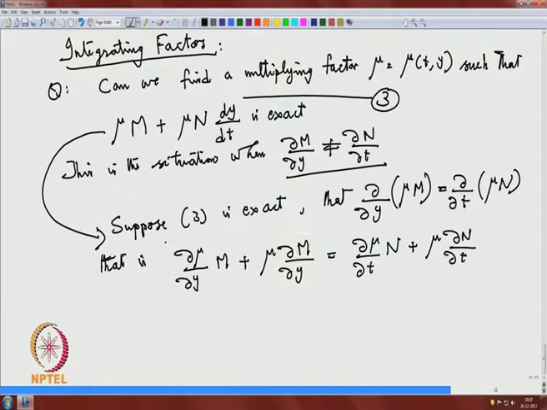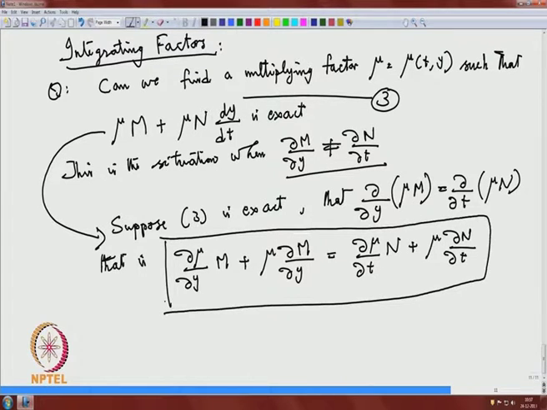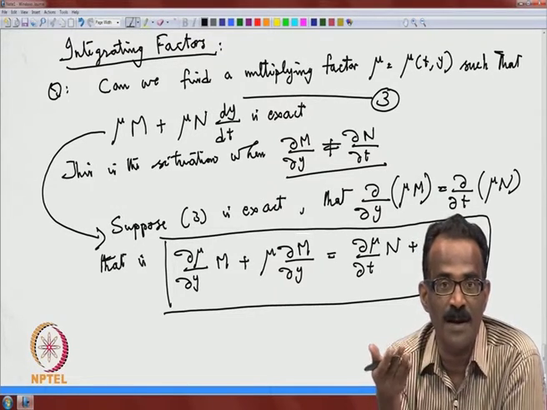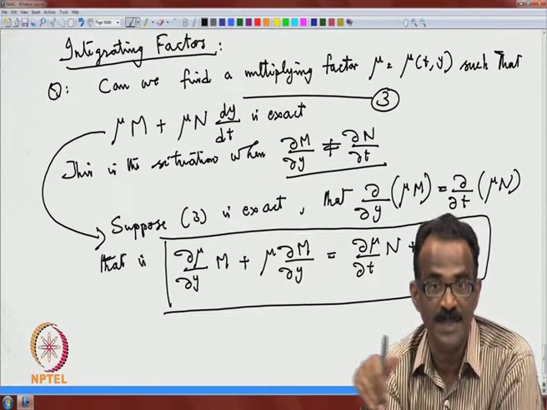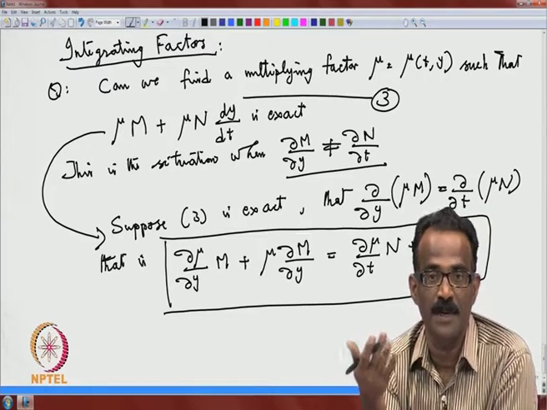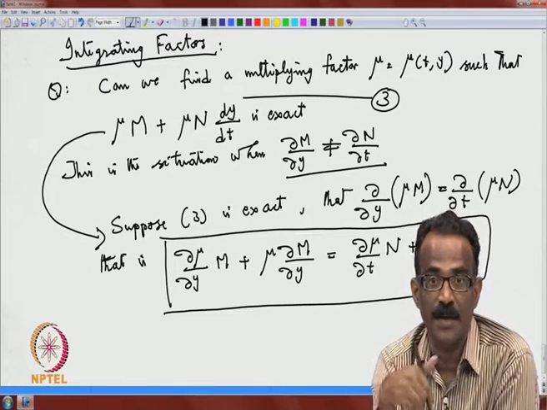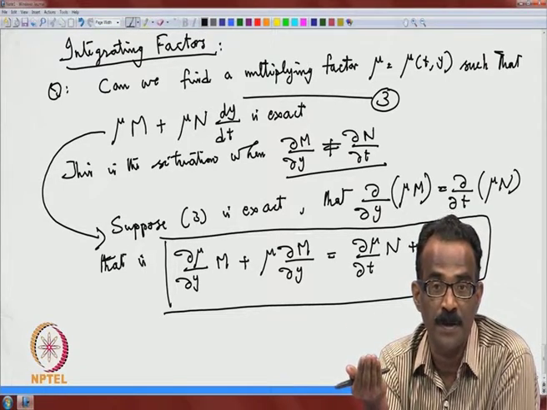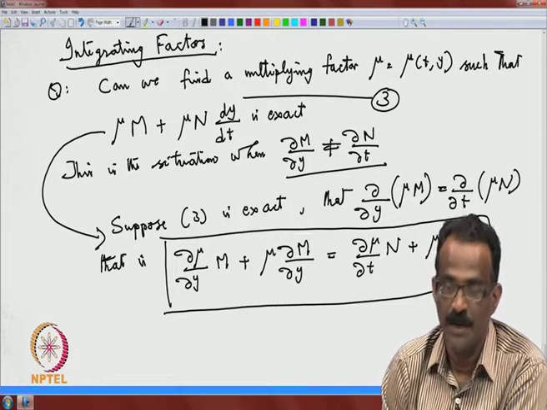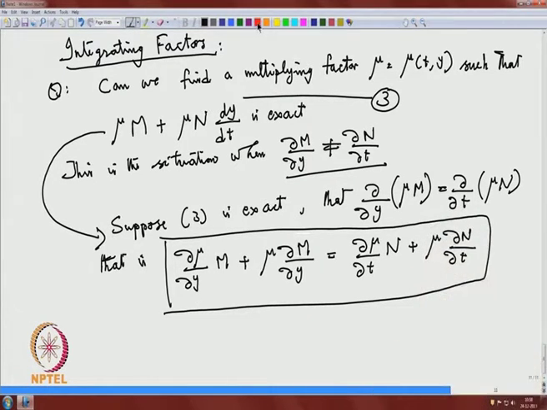Of course, this is like a partial differential equation, and in general finding a solution to this equation is difficult. Maybe by trial and error you may be able to cook up a solution. So in general determining a solution to this differential equation is difficult and very rare.